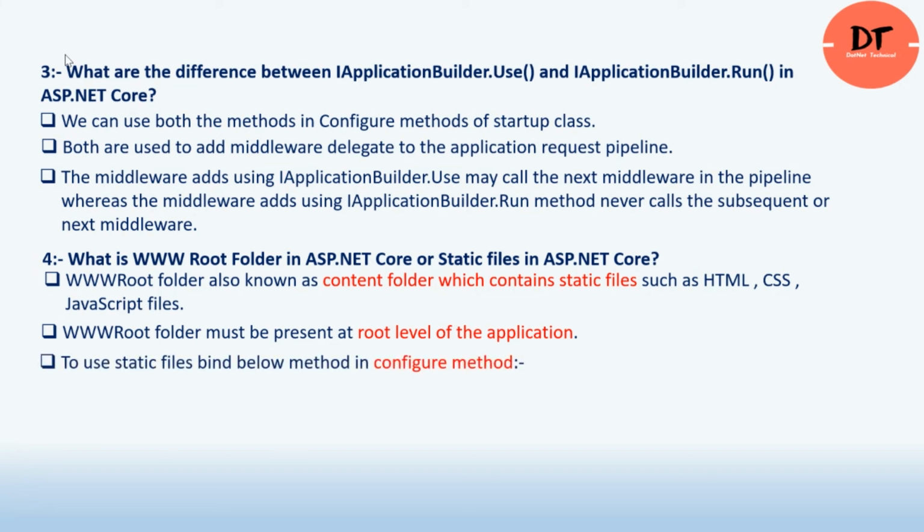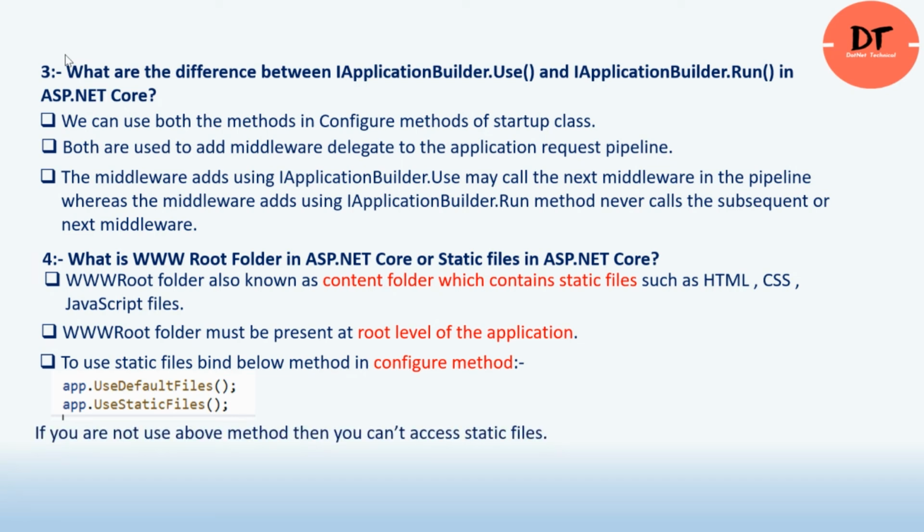To use static files, use the following methods in the Configure method: app.UseDefaultFiles and app.UseStaticFiles. If you do not use the above methods, then you cannot access static files. We can also change the folder name of the wwwroot, or we can store static files in another folder apart from the wwwroot folder.